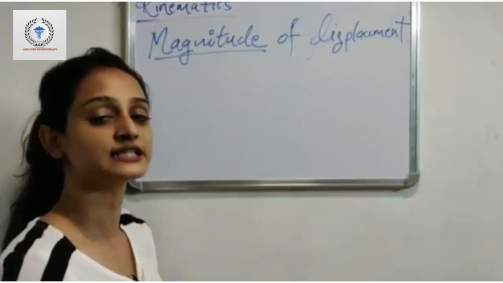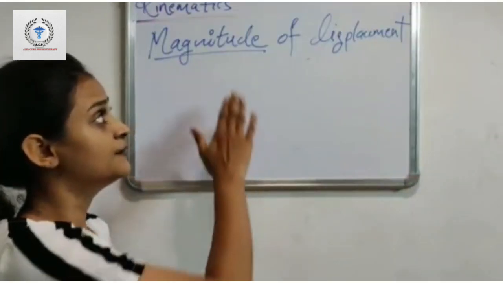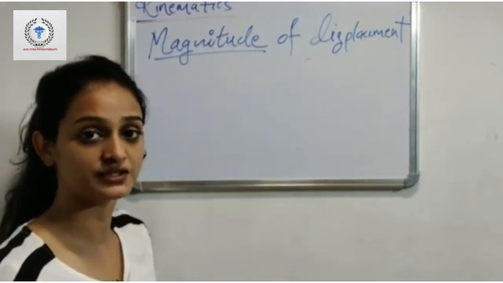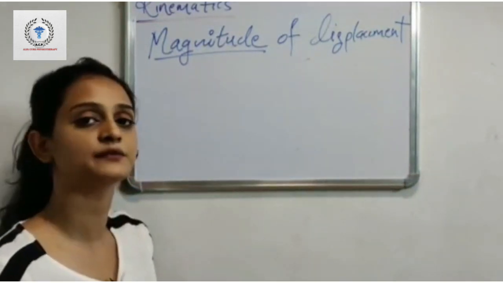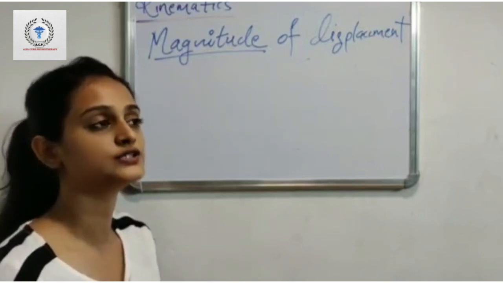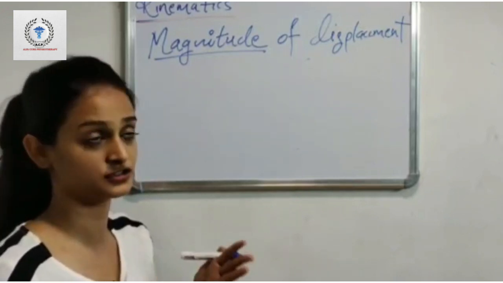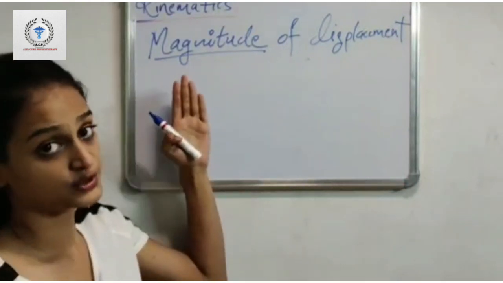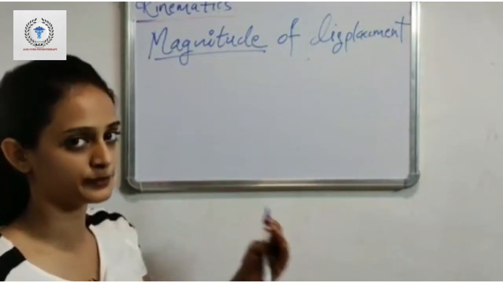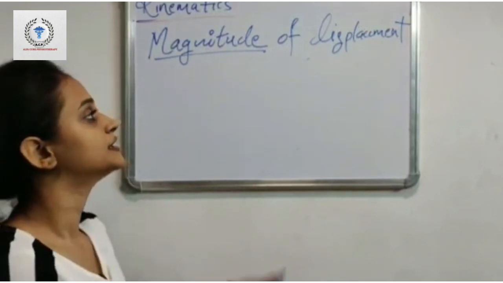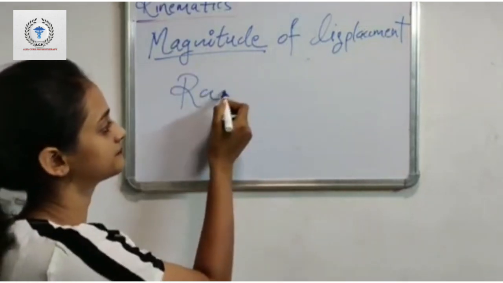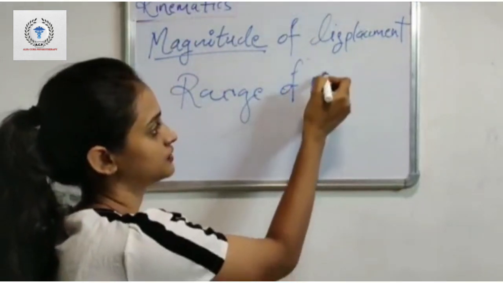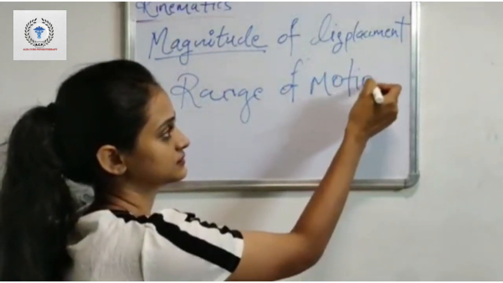Next we are going to study magnitude of displacement. Magnitude is something where you can measure the quantity, like weight can be measured in kgs or pounds, and your height can be measured in feet or inches. So magnitude is something which you can measure. In the human body, if you have to measure a movement, a term called range of motion is used.